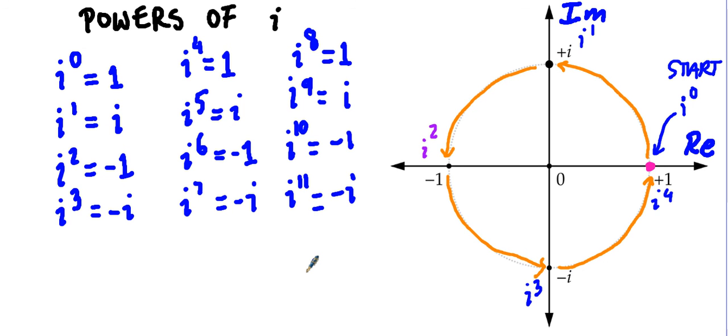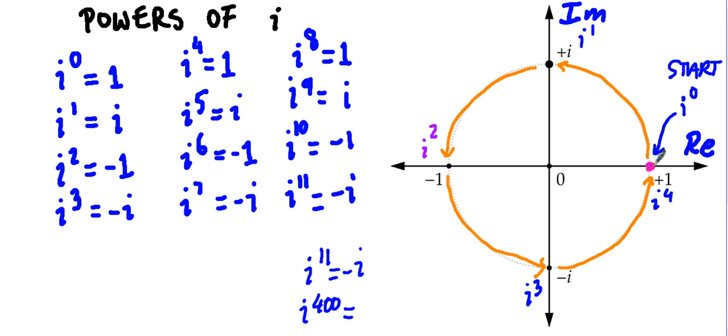So let's say somebody asks you, what's i to the power of 11? You start here and you count 0, 1, 2, 3, 4, 5, 6, 7, 8, 9, 10, 11. So it's -i. Somebody asks me, what is i to the power of 400?